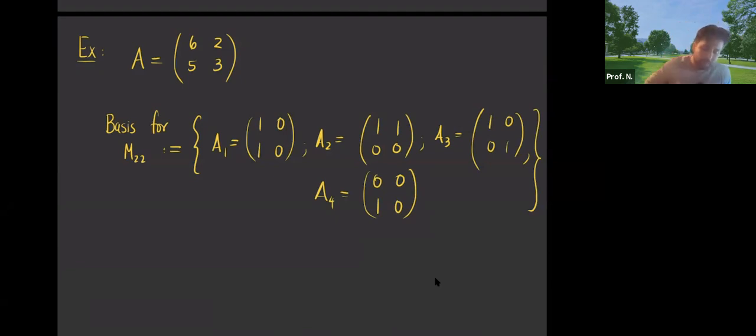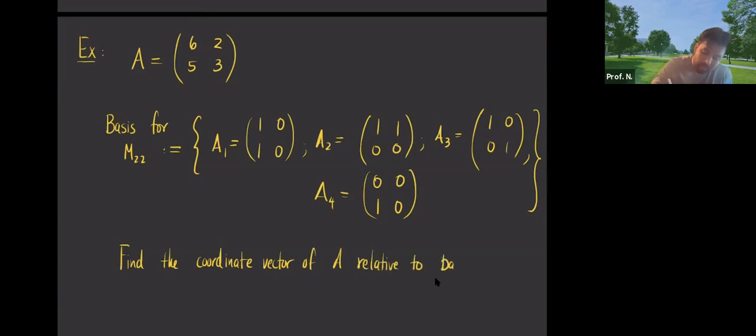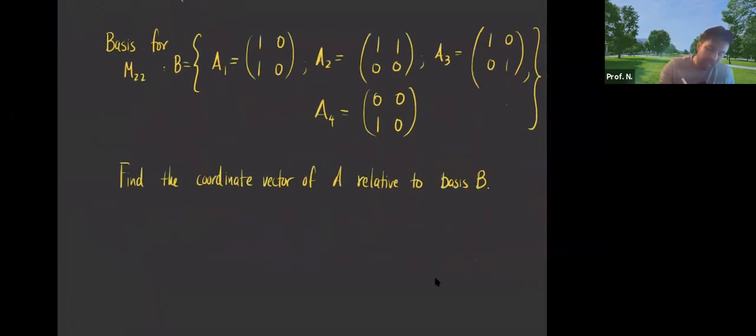So what do I want to find? I want to find the coordinate vector of A relative to basis, let me call this basis B, which would just indicate that I'm finding what A is with respect to B. So again, the setup is the same.